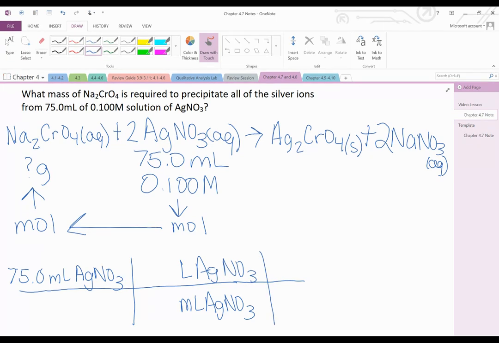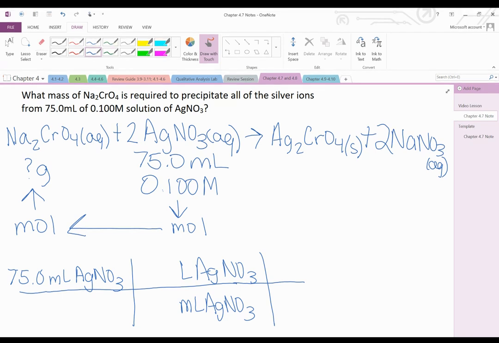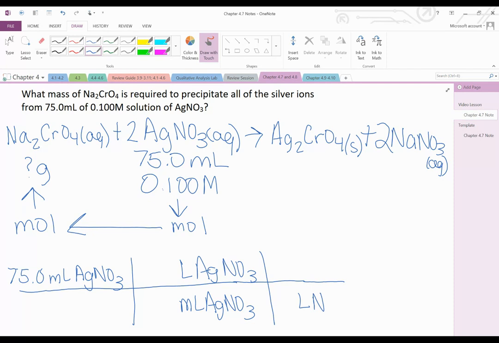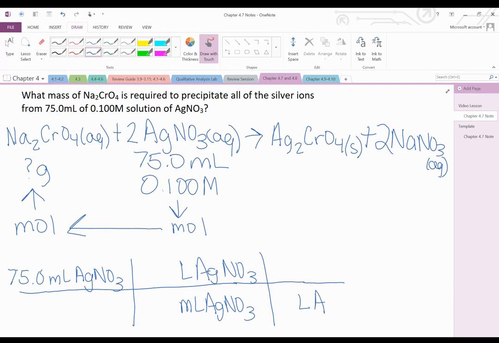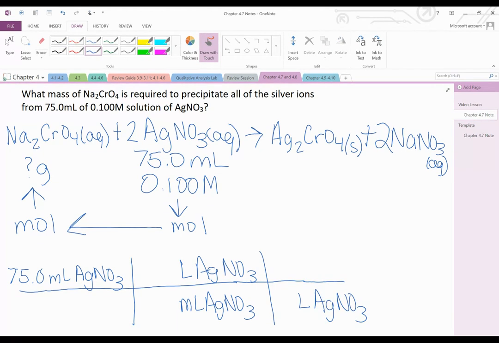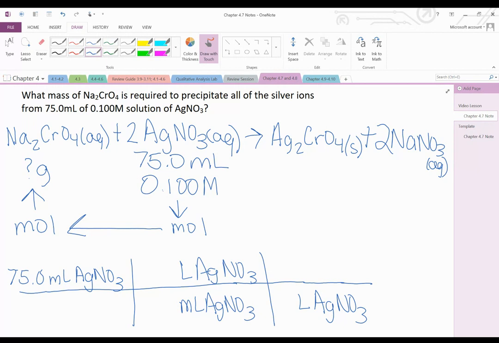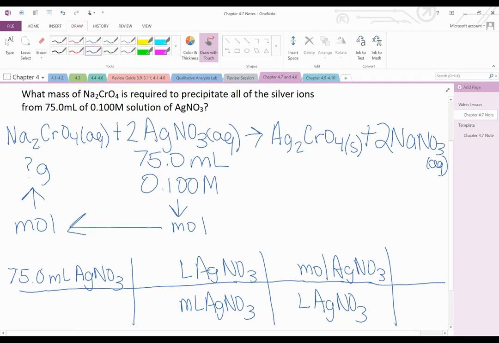Once I have liters of silver nitrate, I can use the molarity of silver nitrate to convert to moles of silver nitrate.